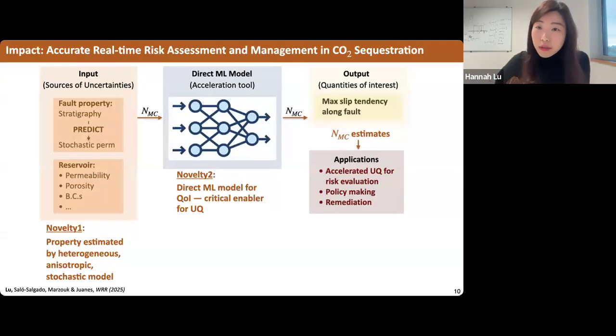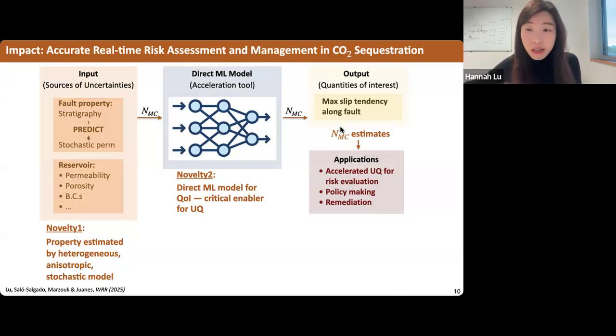So with the two novelties in this total framework, we bring realistic uncertainties to the system, and we use the direct machine learning model to enable accurate uncertainty quantification.